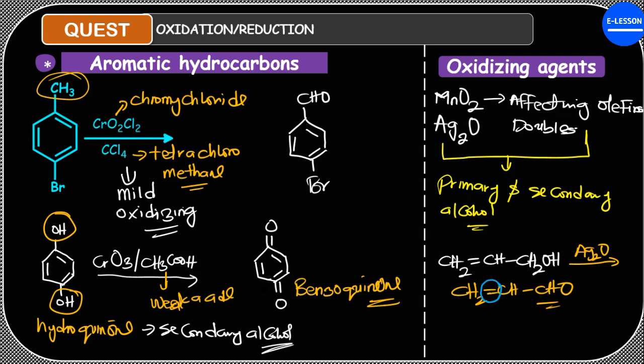Take note of that, right? And we also talked about manganese dioxide and silver oxide. All these ones, we said they can be used to oxidize primary and secondary alcohols to carbonyl compounds without affecting the olefin double bond, right?